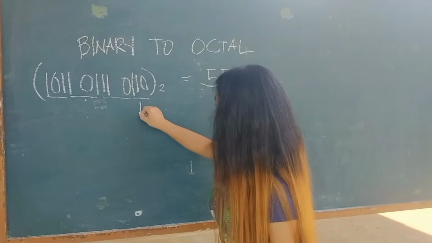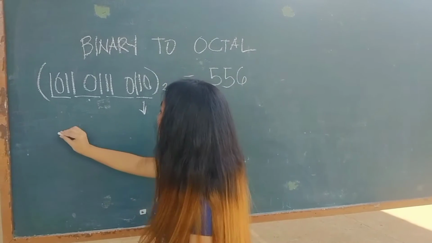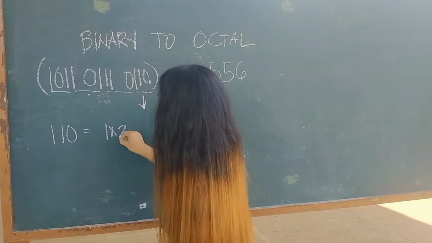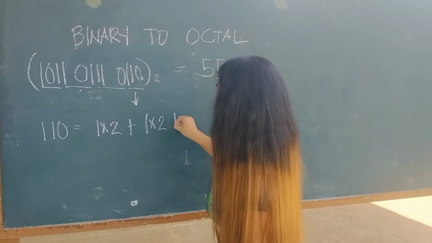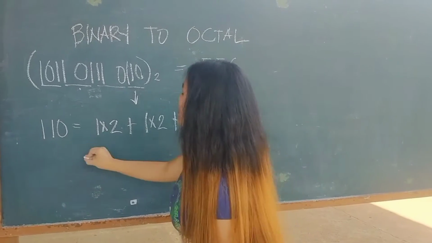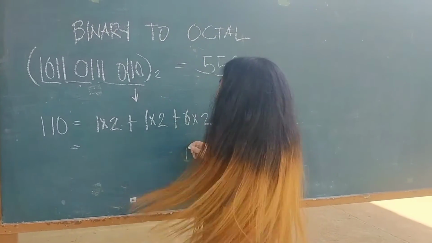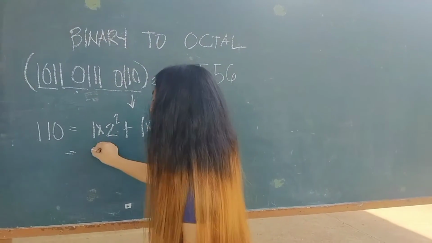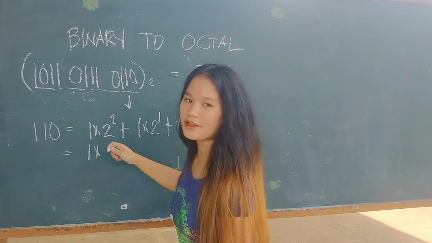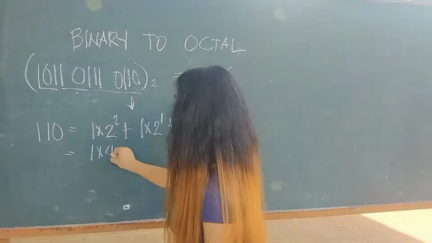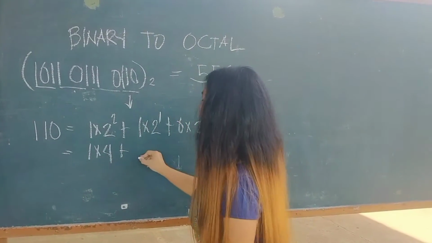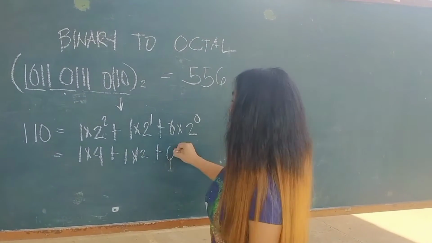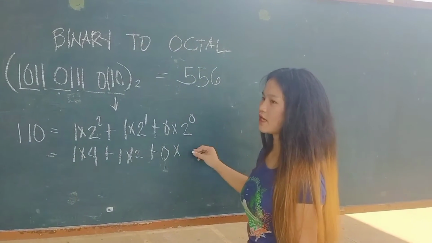And last, we take the fourth group. So, 1, 1, 0 equals 1 times 2 plus 1 times 2 plus 0 times 2. Wait, we should put an exponent here: 0, 1, 2. So, therefore, 1 times 2 raised to the power of 2 is equal to 4, and plus 1 times 2 raised to the power of 1 is equal to 2, and plus 0 times 2 raised to the power of 0 is equal to 1.